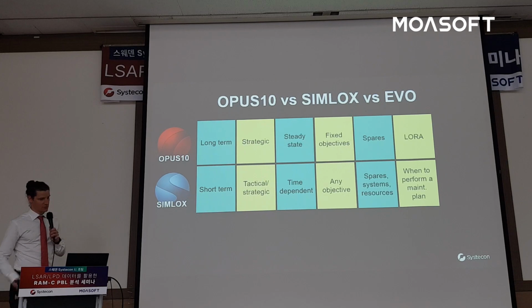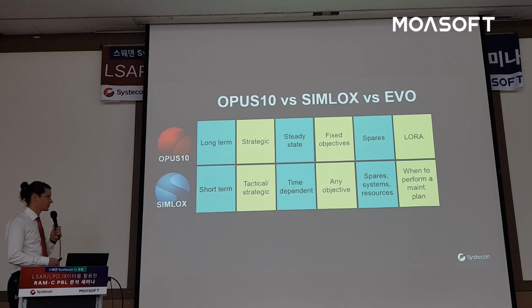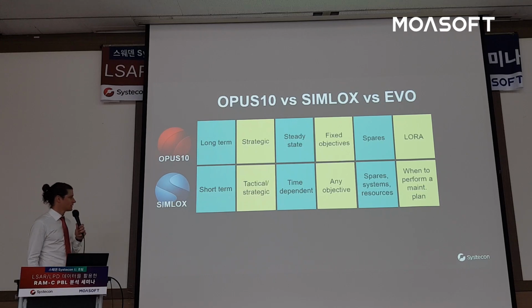This is just another way of comparing Opus 10 to Simlogs. So Opus 10 is typically long-term and Simlogs typically short-term. We talk about strategic optimization and tactical simulations. Not necessarily. I mean, we can model long-term solutions with simulation as well, and we can do strategic simulations as well. But the next one is important.